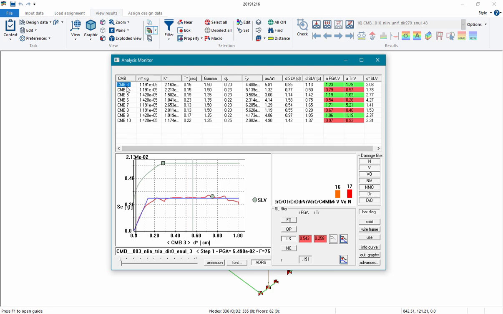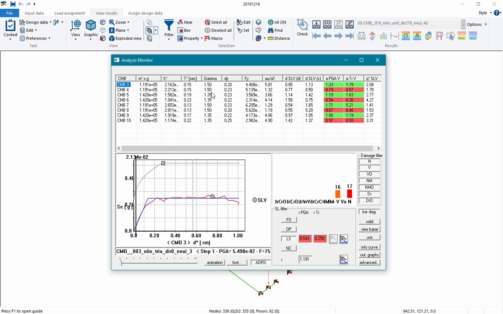In this table we have all the data about the equivalent single degree of freedom system: the mass, the stiffness, the period, and gamma, the transformation factor according to Eurocode, that allows us to pass from the capacity curve of the real system to the capacity curve of the equivalent single degree of freedom system.